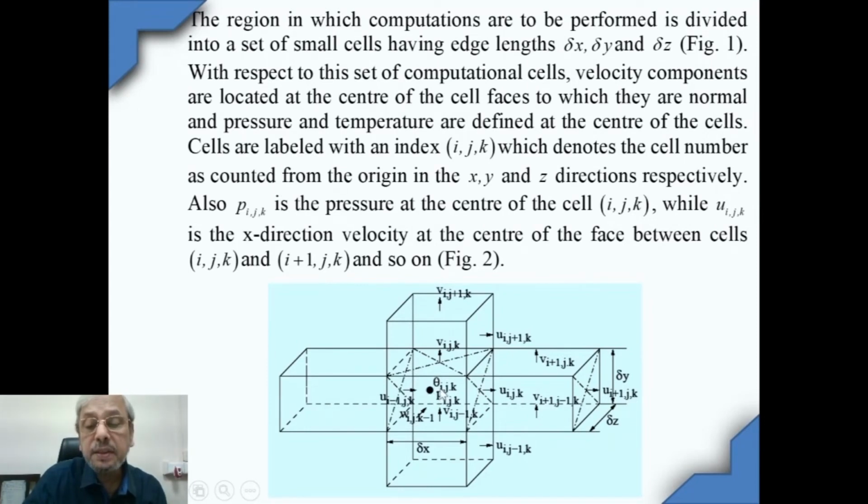Here it is linear interpolation, and as I said, appropriate interpolation has to be done at the point where the velocity is not directly defined. Velocities are defined at specified locations.